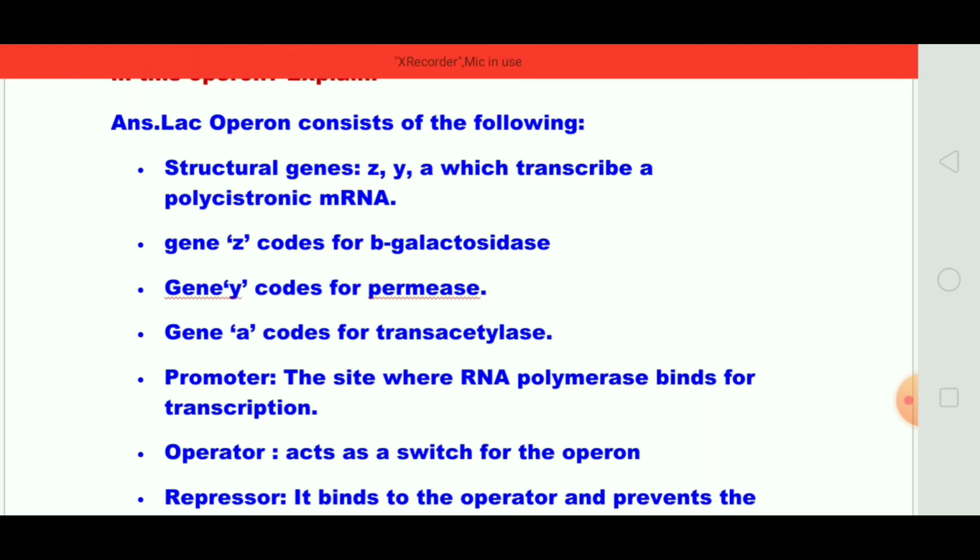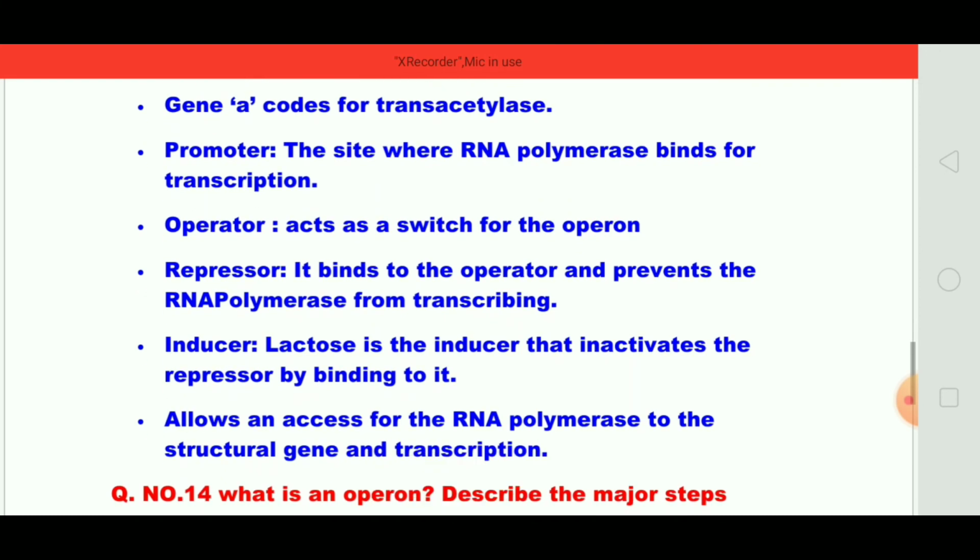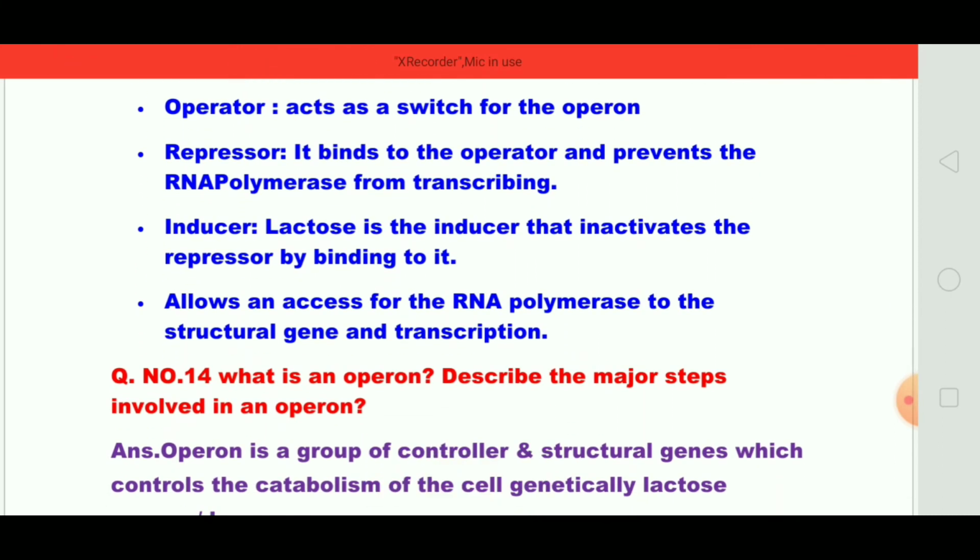Gene Z codes for beta-galactosidase, gene Y codes for permease, and gene A codes for transacetylase. The promoter is the site where RNA polymerase binds for transcription. The operator acts as a switch for the operon's repressor. The repressor binds to the operator and prevents RNA polymerase from transcribing. Lactose is an inducer that inactivates the repressor by binding to it, allowing access for RNA polymerase to the structural genes and transcription.